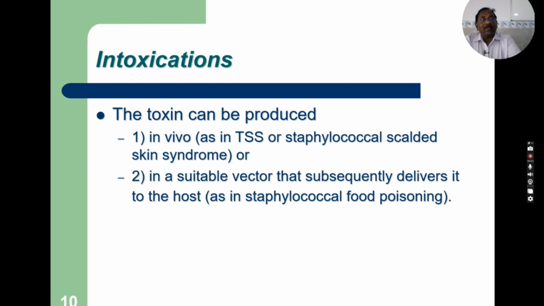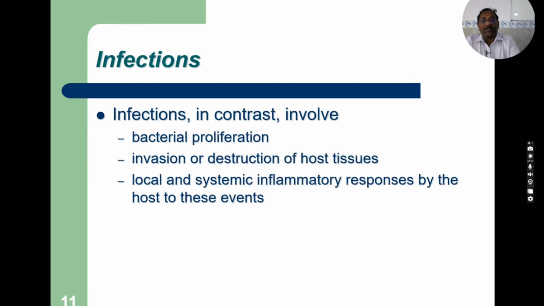In vivo, as in toxic shock syndrome or staphylococcal scalded skin syndrome, or as a preformed toxin, as I told you, it may cause food poisoning. The earlier one is intoxication, where the toxins act. Here they are the infections. They involve bacterial proliferation, invasion and destruction of the host tissues, and local and systemic inflammatory responses by the host to these events.